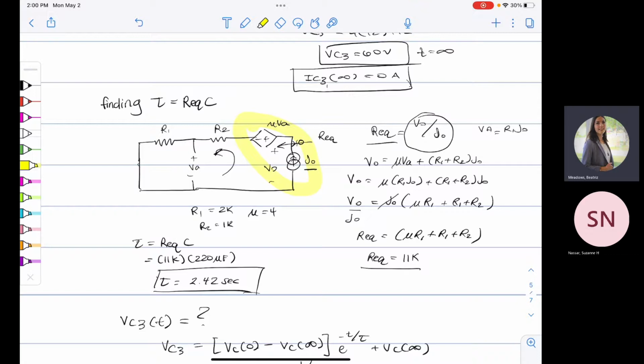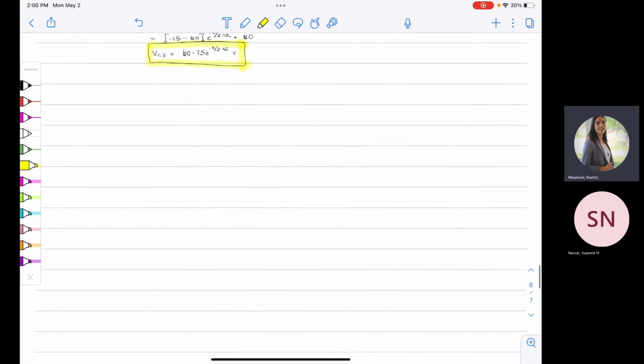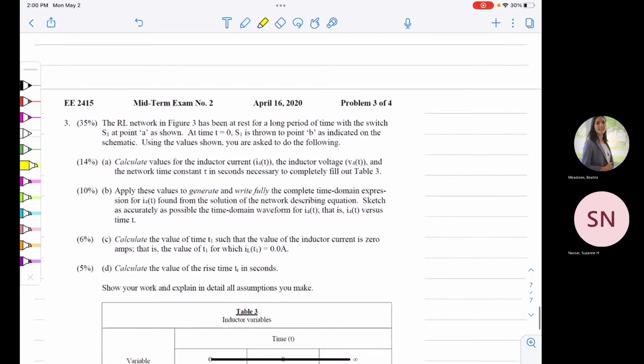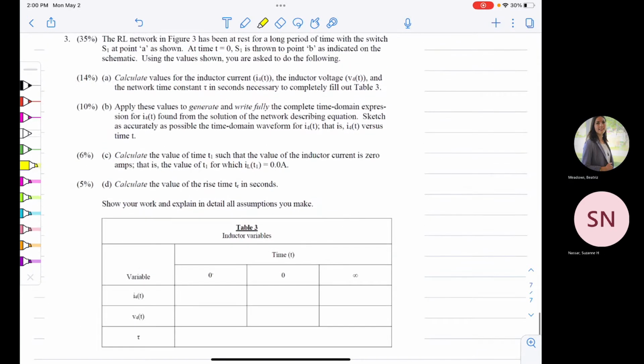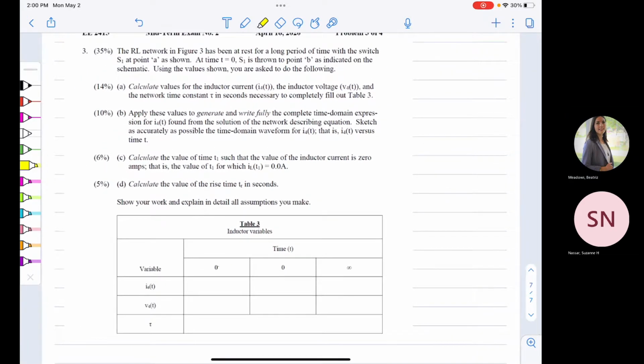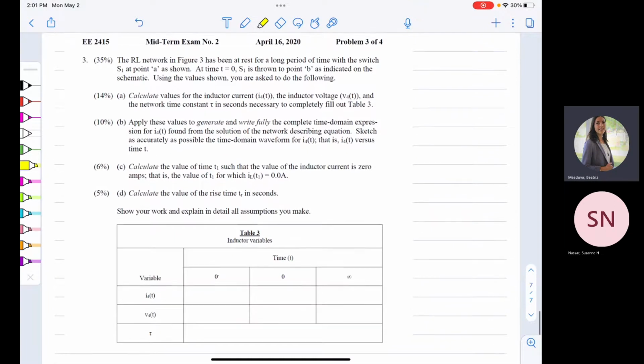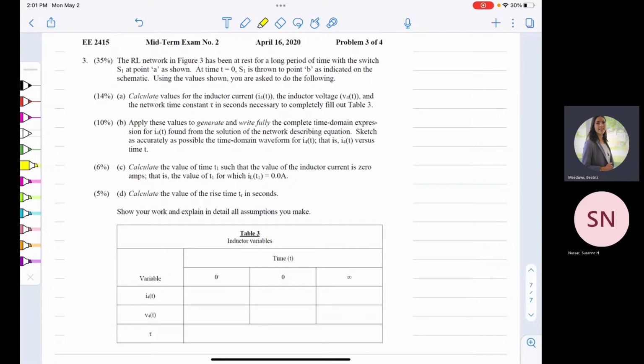We're now going to do an RL. So this was an RC, now we're doing an RL. I'm going to give you a couple of minutes to look at the problem. So we have an RL network that has been at rest for a long time.